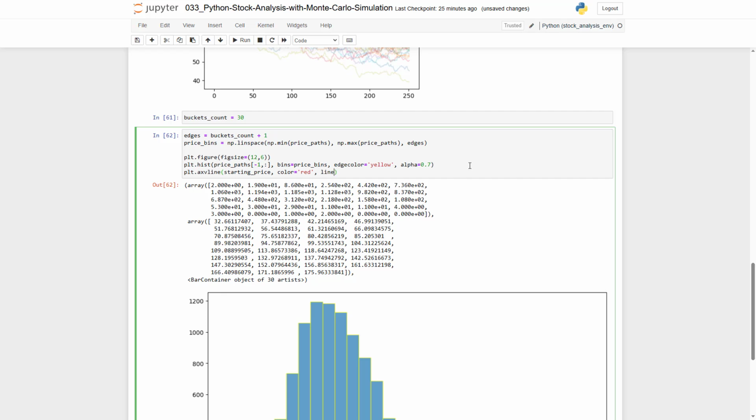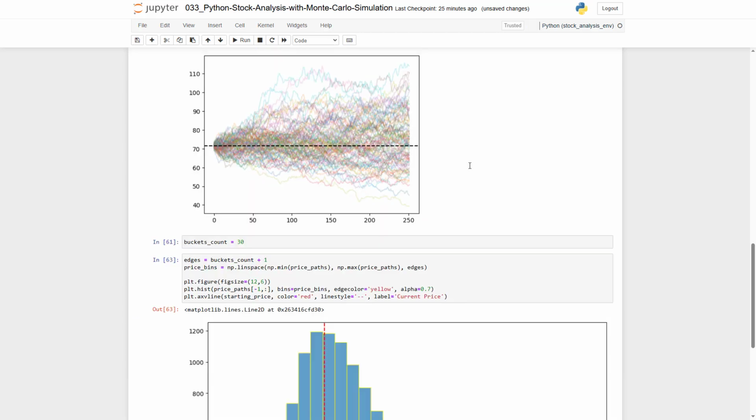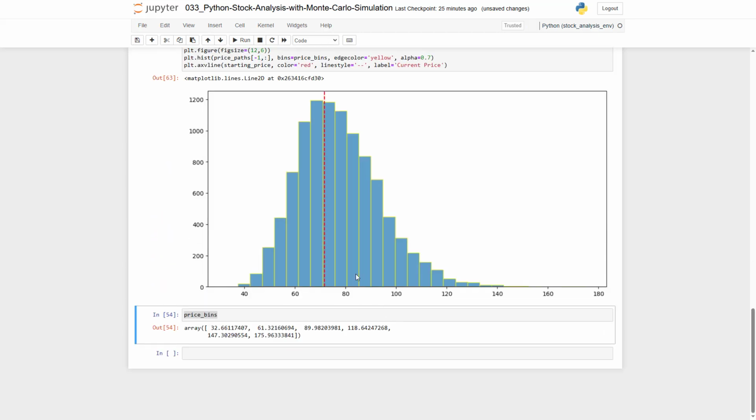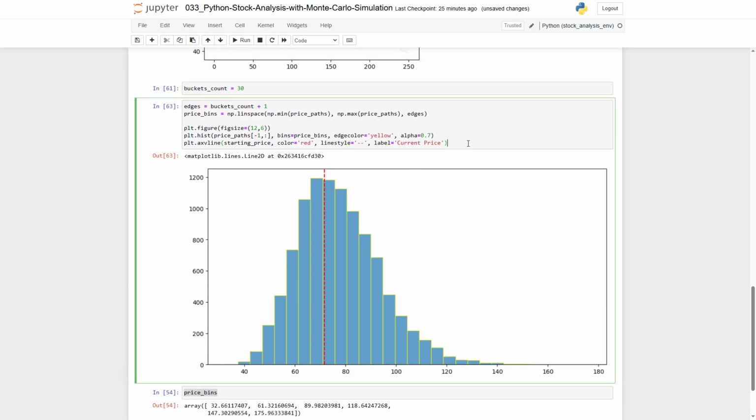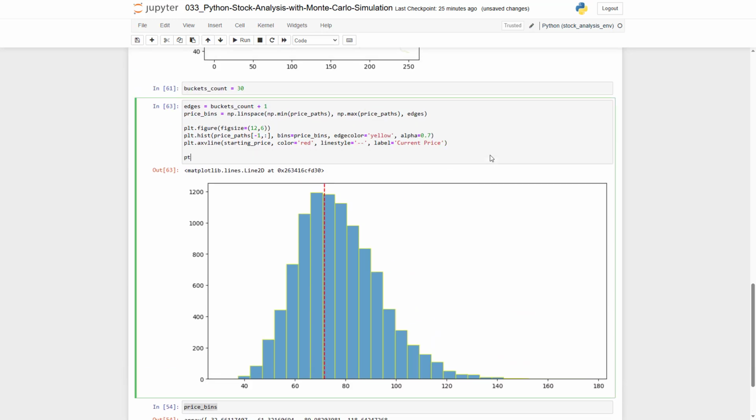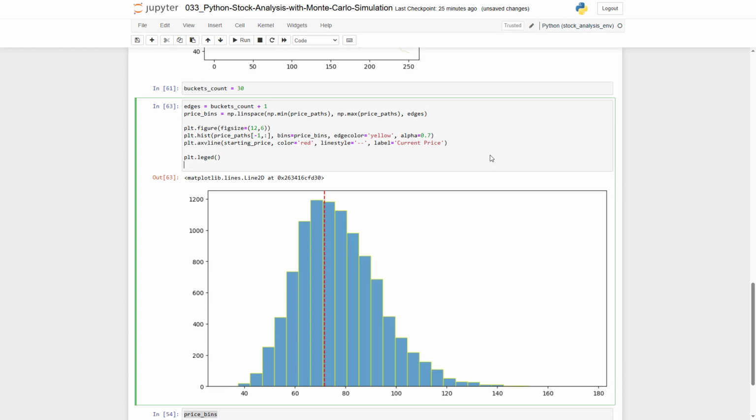Line style should be like that, and of course a label called current price. Let's take a look. And there should be plt.legend and plt.show.